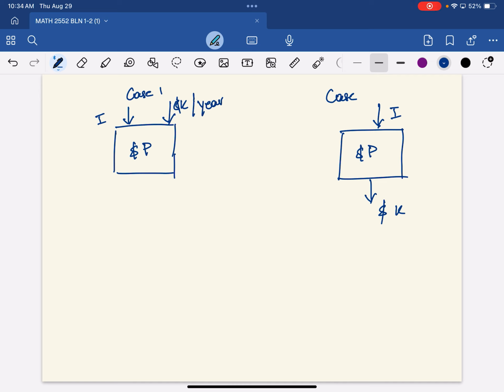Then the third scenario is, you borrowed some money. You want to build a house, maybe you want to buy a car, popular ones. Are you with me on that?